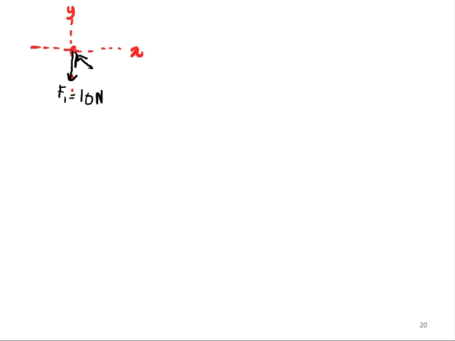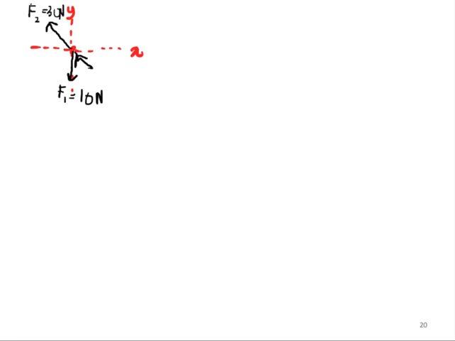Usually the arrow points out from the particle, like F1. So for F2, we can extend the line of F2 so that the arrow is out from the particle. So here is F2. The value is 30 Newton.